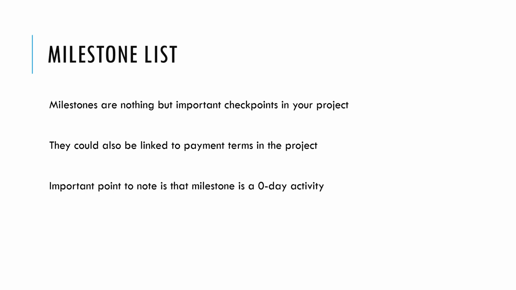One other important point to note here is that a milestone is a 0-day activity. What this means is that a milestone in itself is not consuming any project time. When you say today is code completion, that means today is the point in the project where the code will be complete.